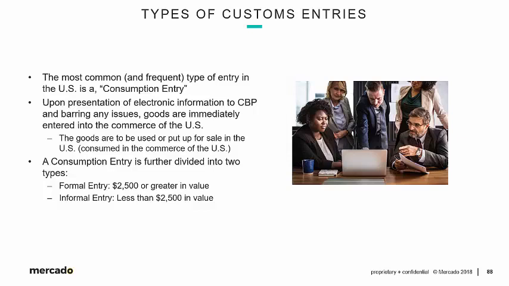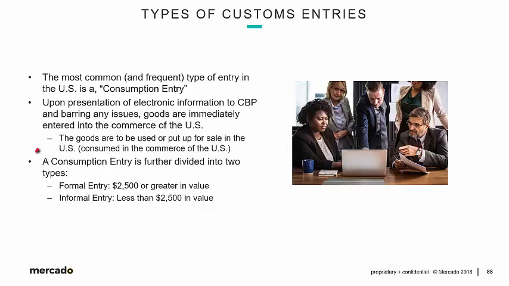To use some customs terminology we see in our sub-bullet, the goods are to be used or put up for sale in the U.S., used in a production process as a raw material, put up for sale on an e-commerce website. That's the meaning there. And as we said, parenthetically, we'll say it again, think of a consumption entry as certainly the most common type of entry, but that the goods in some way, shape, or fashion are going to come into the U.S., enter the commerce, and be consumed.